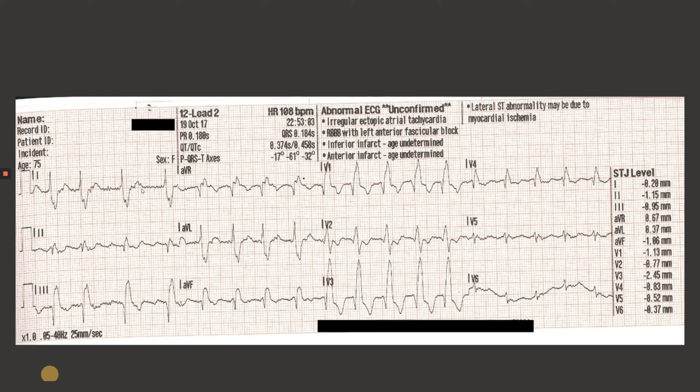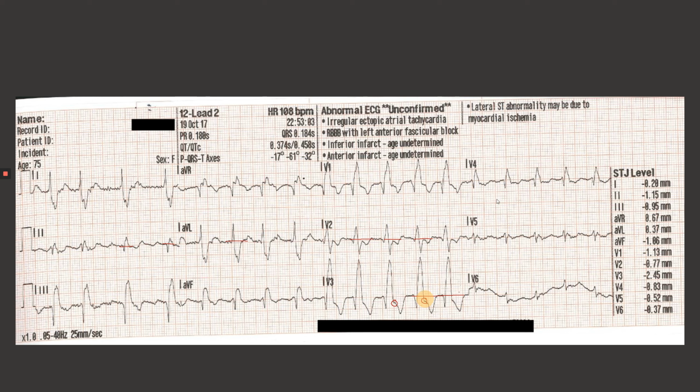I'm scanning each lead for any kind of ST elevation or depression. Scanning real quick, isoelectric line, really not seeing it here, not seeing it there. Maybe you can count that as depression. But again, I'm not looking for depression. Definitely depression here, because this is where my J point would be.